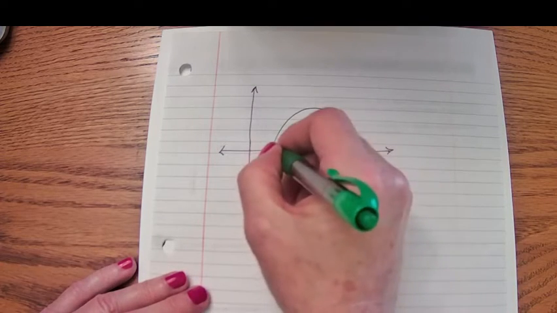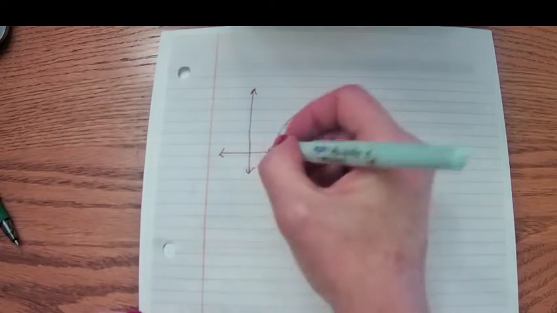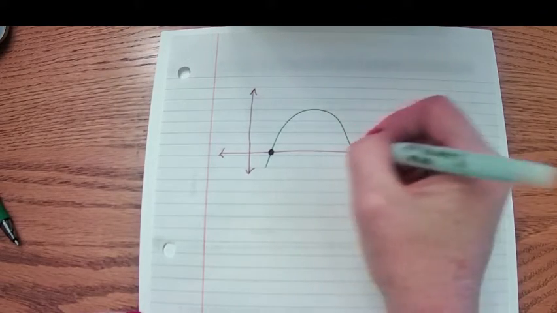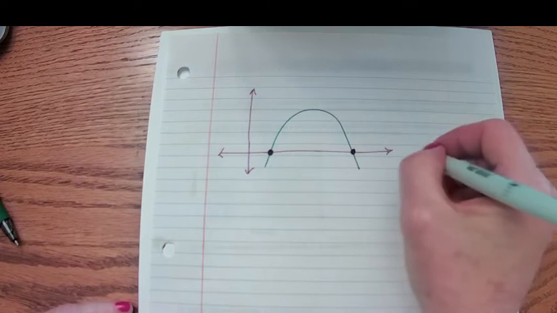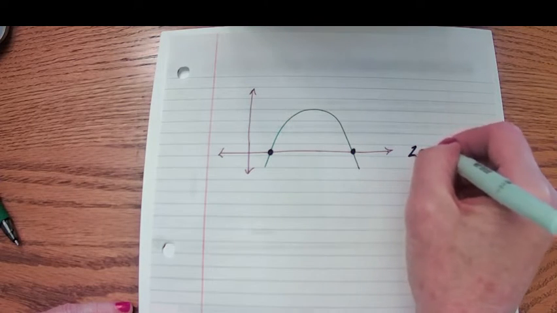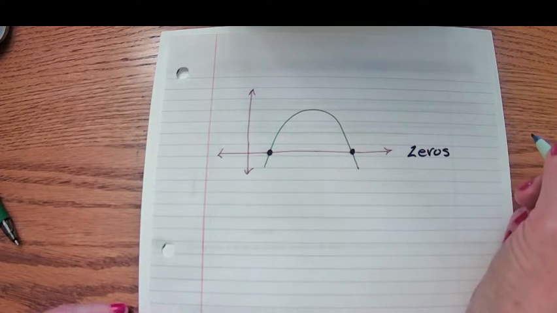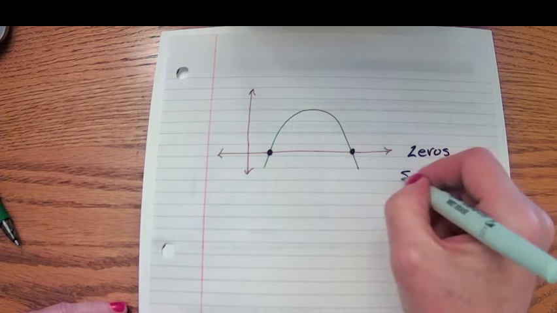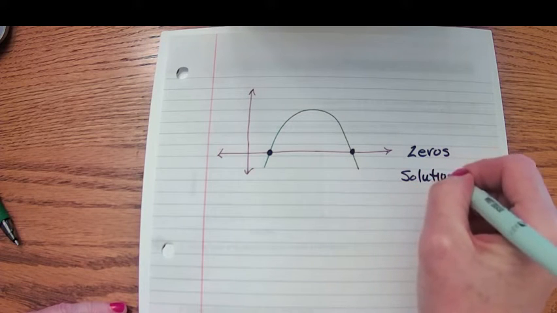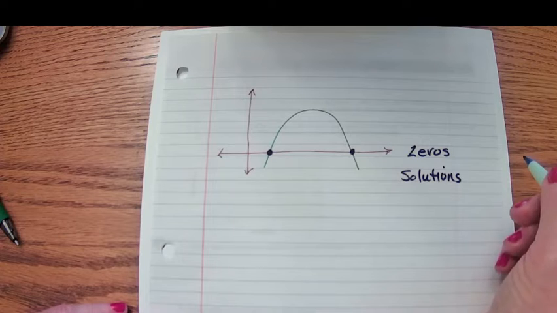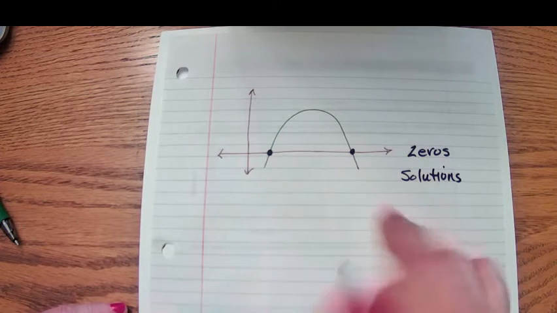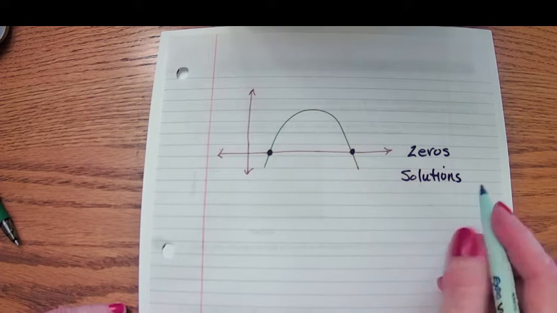The points where the quadratic touches the x-axis, those 2 points are called the zeros of the equation. They're also called the solutions. So if you're asked to solve, what they're asking is solve when the equation equals 0.